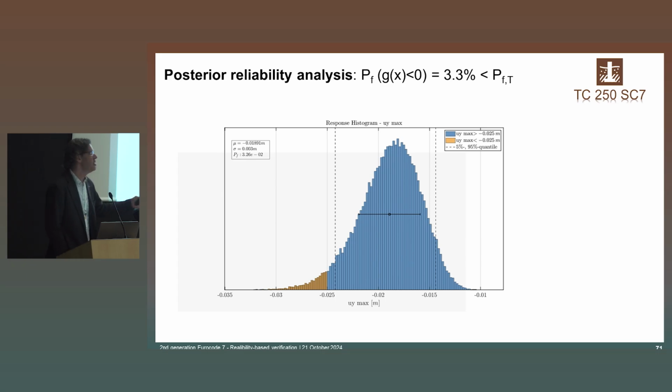I go to my client, and I tell him I don't have to put much more money in his project, and that everything will be all right. But now it's not just me who says, okay, I measured 5 millimeters instead of 7, so it's going to be good. I have a mathematical way to compute this probability of failure, and it dropped from 20 to 3.